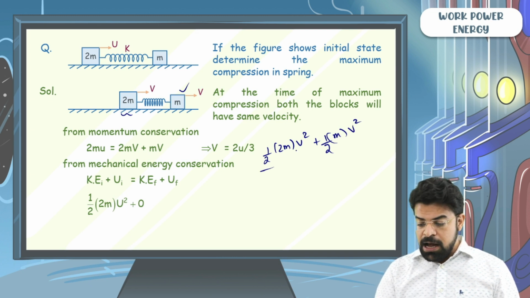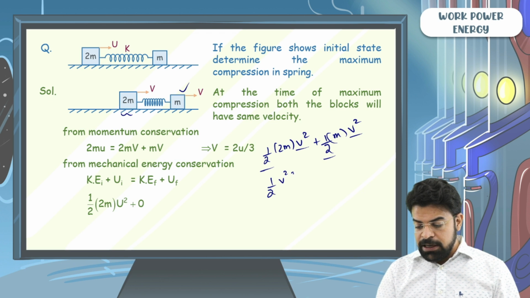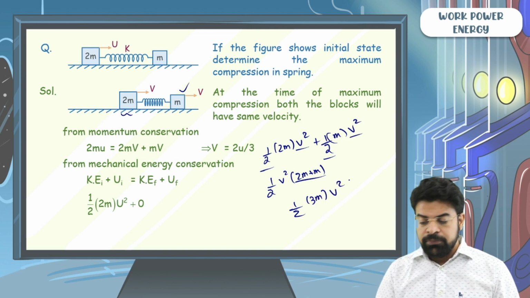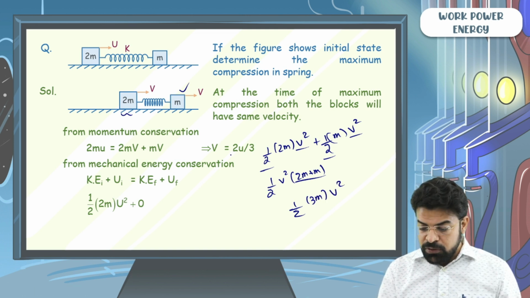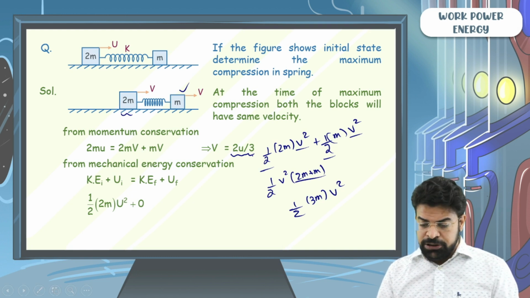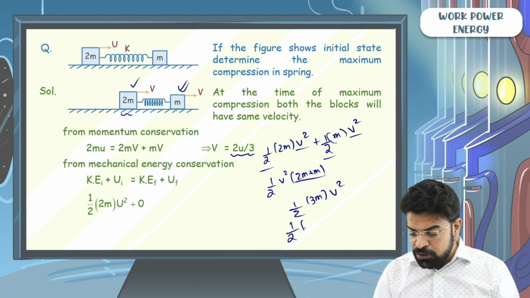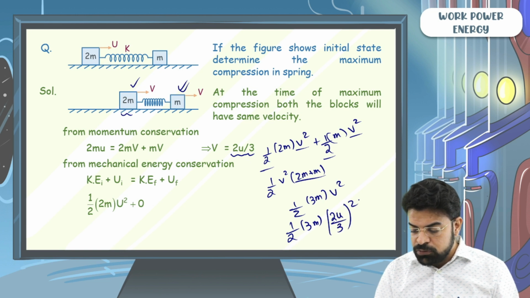Taking half v square common, you are left with half v square times 2m plus m, that becomes 3m. So you can write half into 3m into v square. In place of v, you can write 2u by 3. So the final kinetic energy of both the blocks combined equals half into 3m into 2u by 3 whole square.